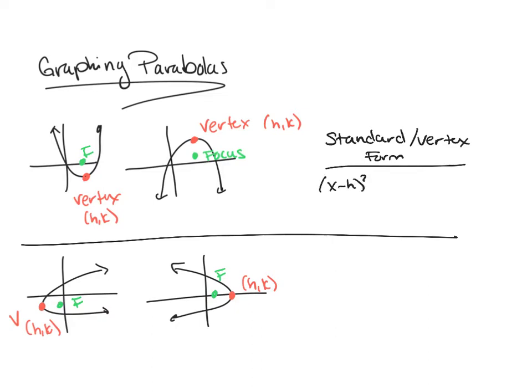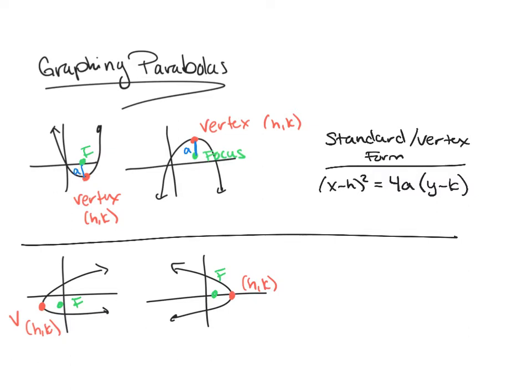X minus h quantity squared equals 4a times the quantity y minus k, where h and k is our vertex. A is the distance from the vertex to the focus point in each one of these. That's what that A is.